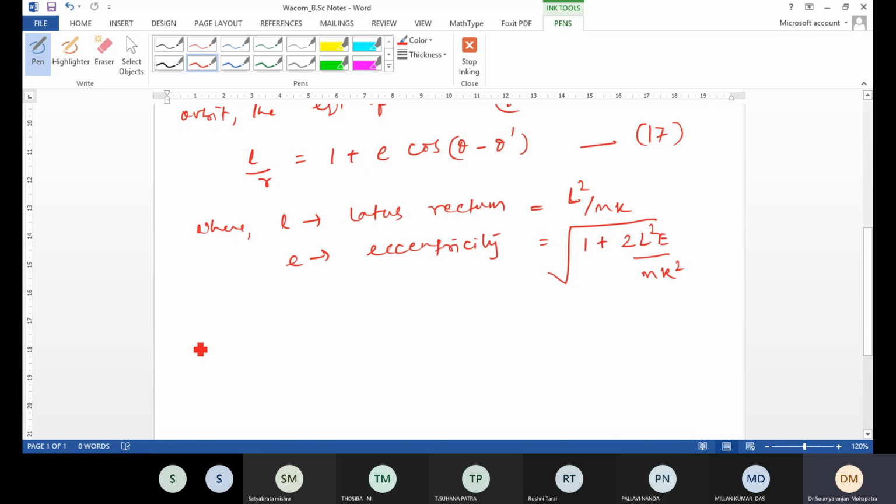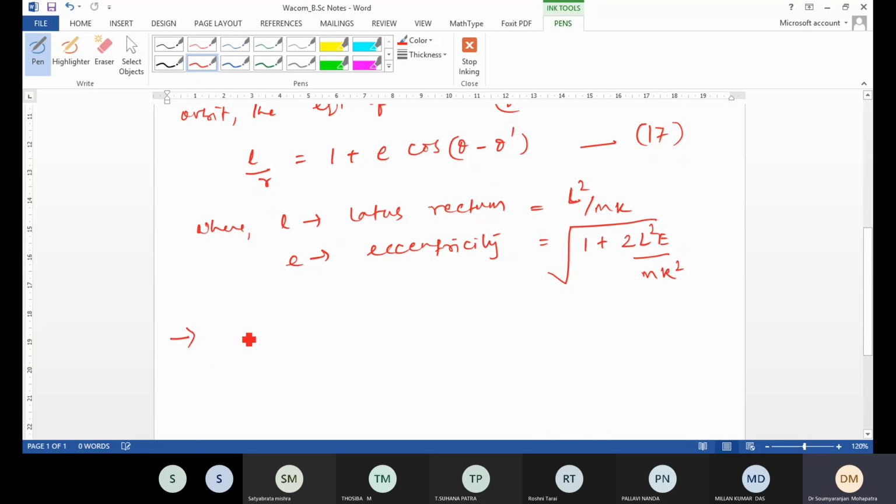Basically, we will take the range of theta minus theta prime. What value will theta minus theta prime have so that the cosine of that value is maximum? It is obvious that cos 0 is 1, the maximum value the cosine function can have.